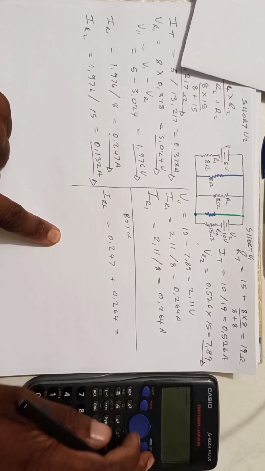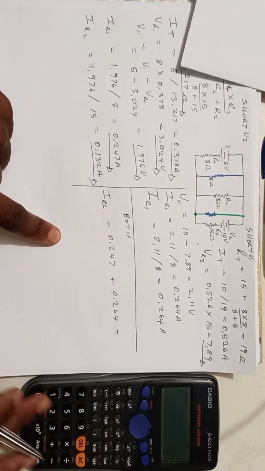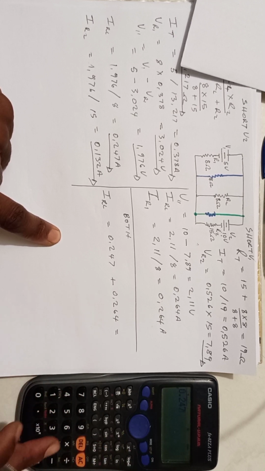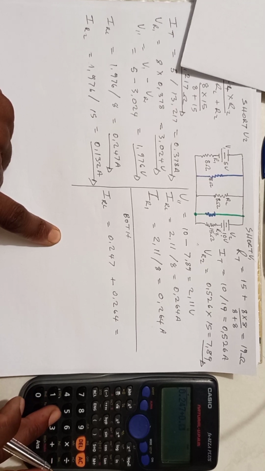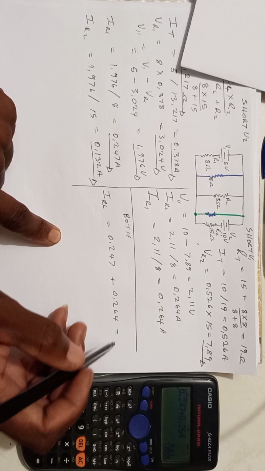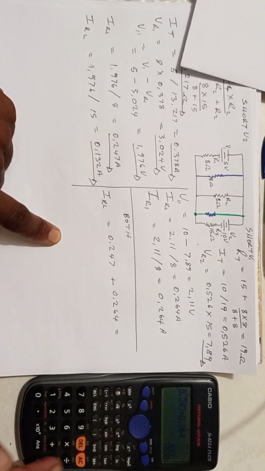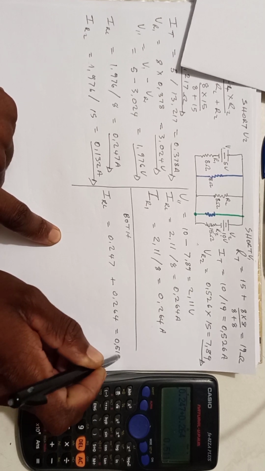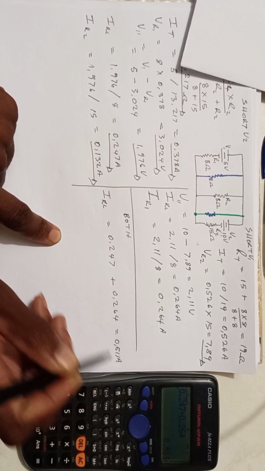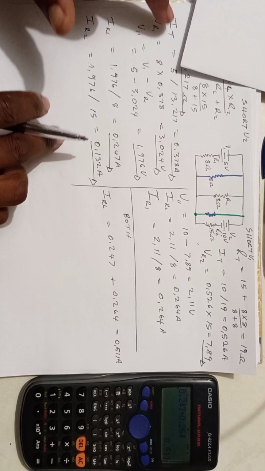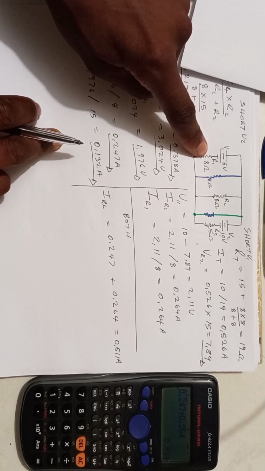We then get 0.247 plus 0.264 is equal to 0.511 amperes.